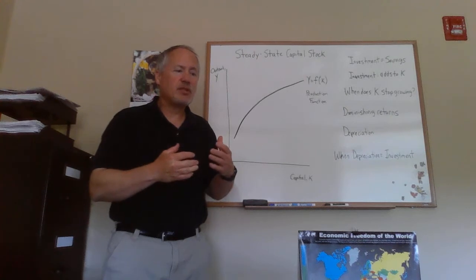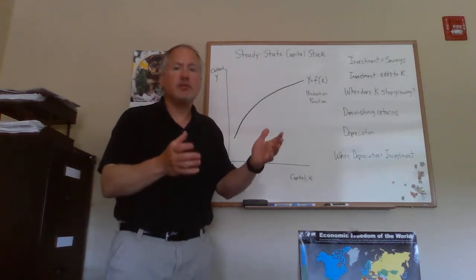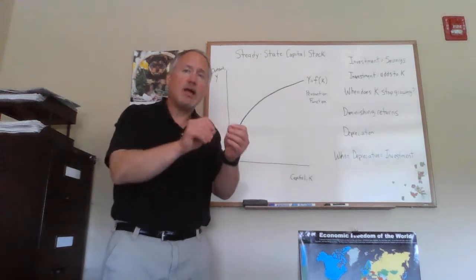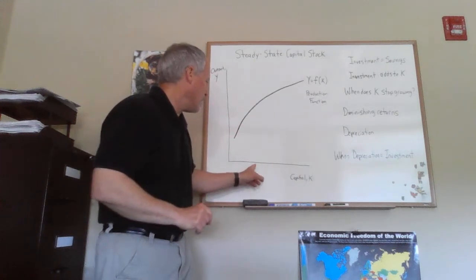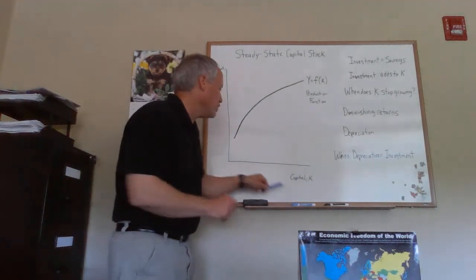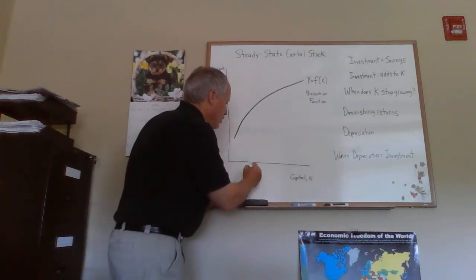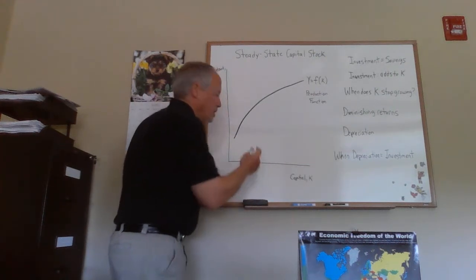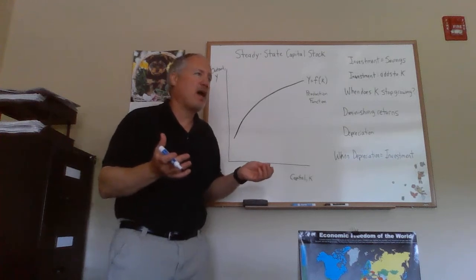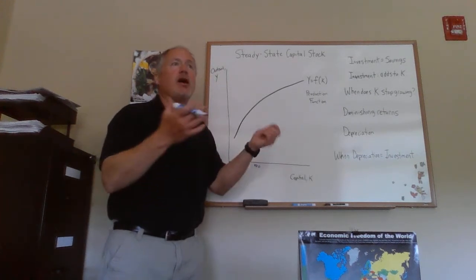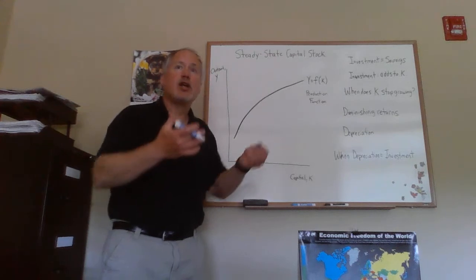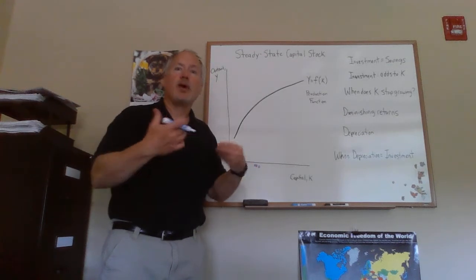When you have a capital stock equal to 100 units of capital, that means 10 units of capital would be wearing out in a given period. So if you had a capital stock of maybe 100, you have one level of depreciation, maybe 10 units of capital wearing out. As you get to a larger capital stock, maybe 200, now with that same rate of depreciation, 20 units of capital wear out every period.